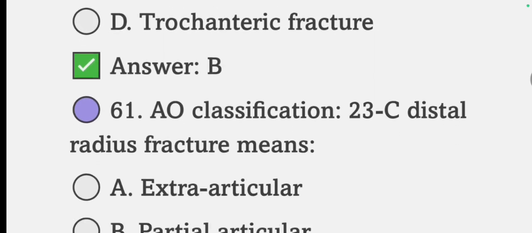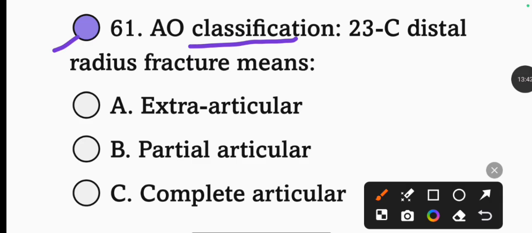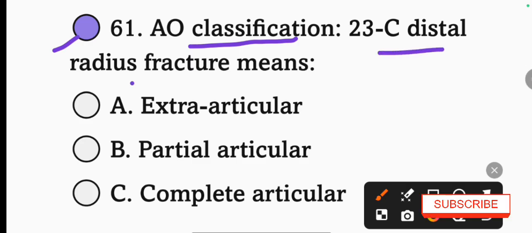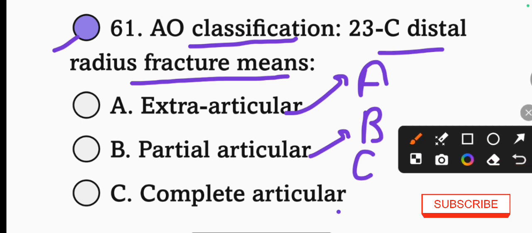Okay. Now come to 61. AO classification: 23C distal radius fracture means. It's very important, AO coding, like 23C. AO is divided into three parts: A, B, and C. A means extra-articular, B is partial articular, and C is complete articular.